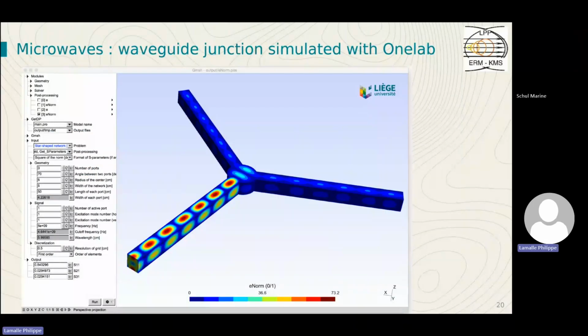There are very large numbers of applications in microwaves. This is, again with OneLab, a simulation of a wave propagating along a waveguide junction. A wave is coming in from the diagram on the bottom left, and then is split into components in the branches of the T. So this kind of simulation allows you to compute the equivalent electrical parameters of this junction, for instance.